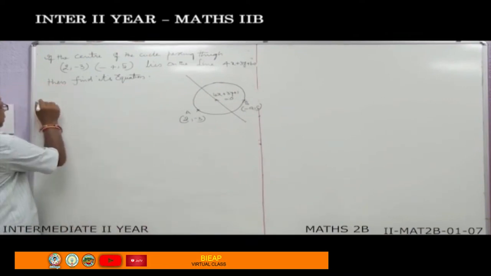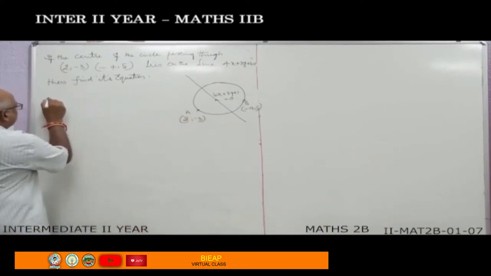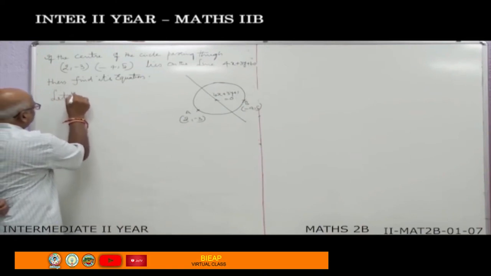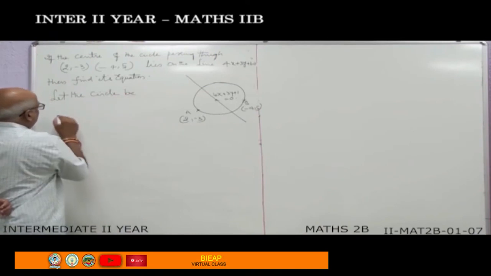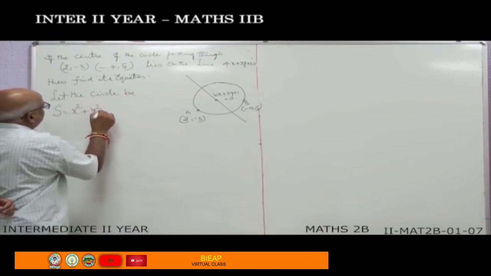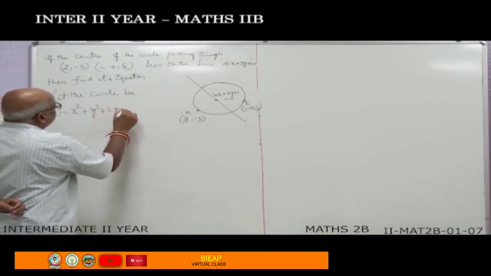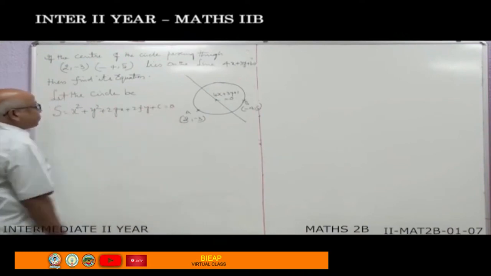As we don't know the equation of the circle, let us assume the circle be S equal to x square plus y square plus 2gx plus 2fy plus c equal to 0.